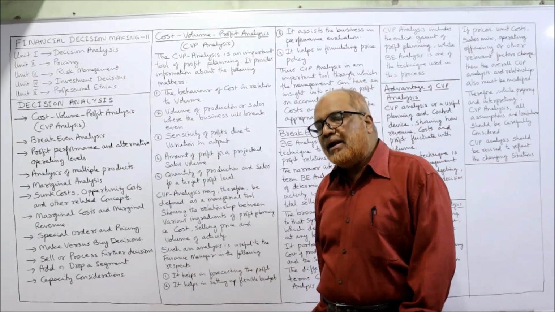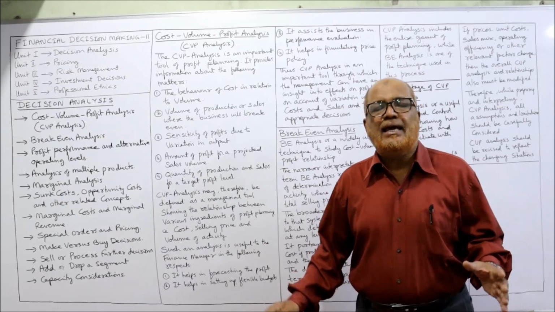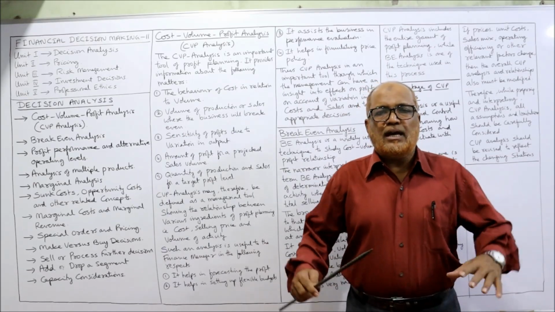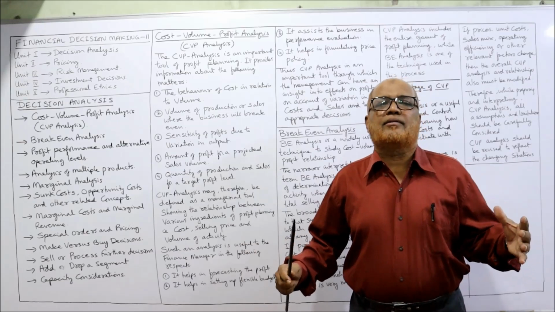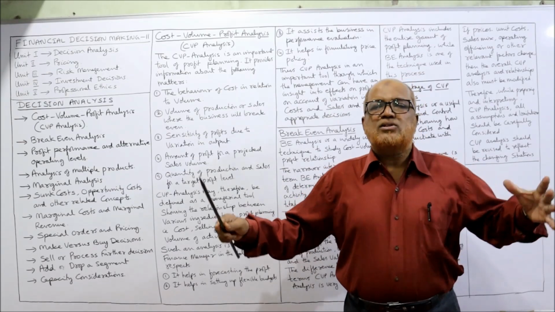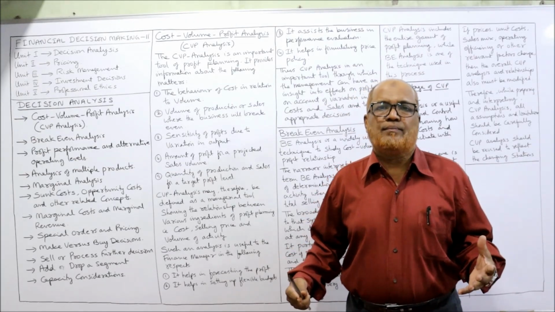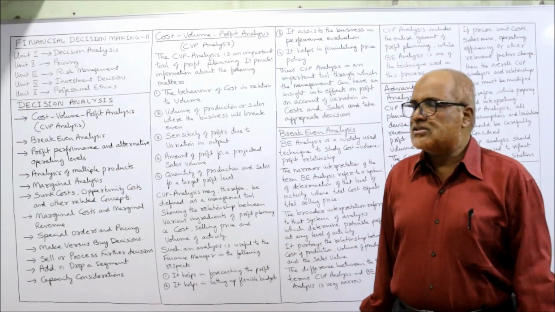Then analysis of multiple products. Nowadays, most of the business organizations are not engaged in only one product. They are dealing in multiple products. So in a company where multiple products are produced, the management has to decide about the product mix. That is also covered in this unit.